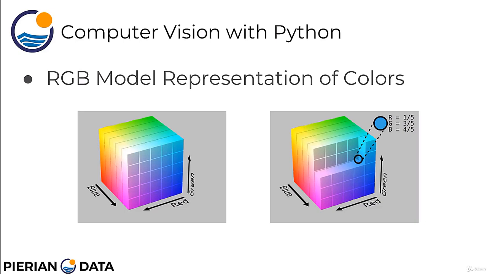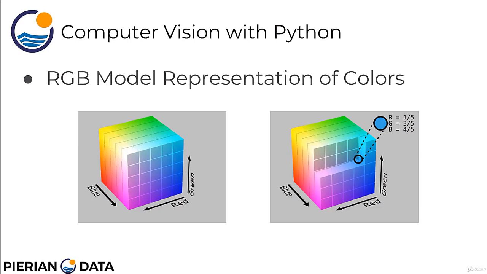So as we already know, the RGB model is essentially going to represent a color as a combination of blue, red, and green, which we can describe as a cube where we have some value of blue from 0 to 255, some value of red from 0 to 255, and then some value of green. And if we were to cut away from the cube, we can see there we have a value of kind of a tealish blue there, and we would say red is going to be 1/5.